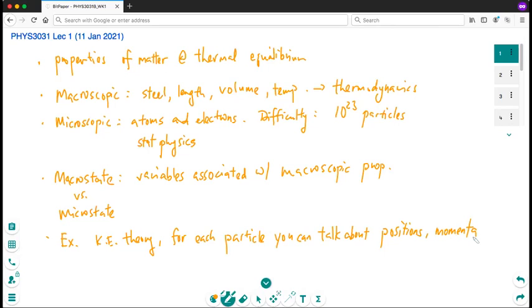If your particles are moving in 3-dimensional space, you have 3 coordinates from the positions and 3 from the momenta. So altogether you have 6 parameters for each particle. And if you have N particles, you have a very long list, which gives you 6N parameters to deal with.